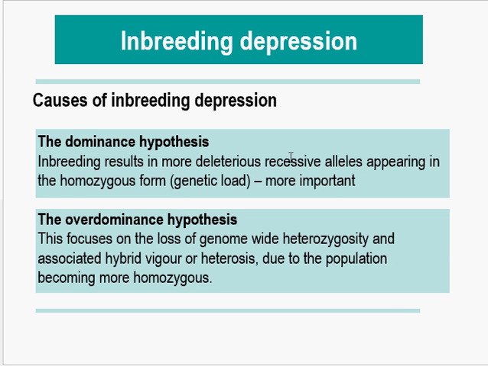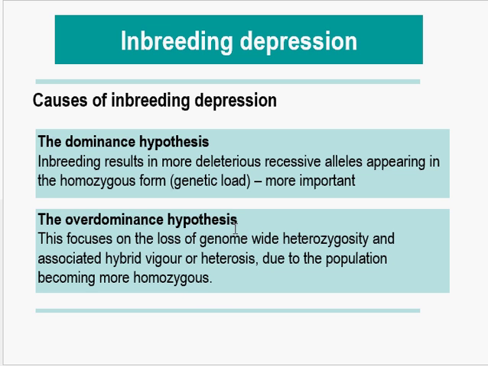The overdominance hypothesis focuses on the loss of genome-wide heterozygosity and associated hybrid vigor due to the population becoming more homozygous. So as you will lose these recessive alleles, the dominant ones become more prominent, and you are more likely to get homozygous individuals.